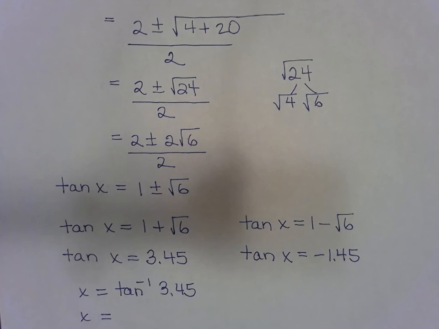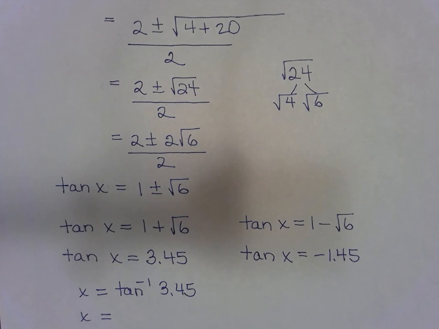If you wanted to be really accurate, you could leave all the decimal places in your calculator. I didn't do that this time, but that wouldn't be a bad idea. Oops. We also need to make sure that we are in Radian mode. Let me make sure I'm in Radian mode.